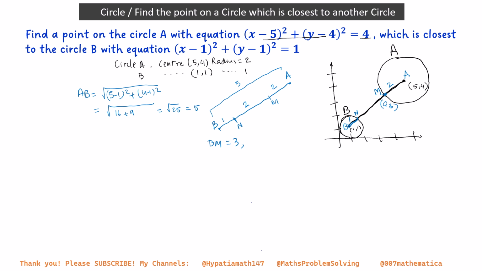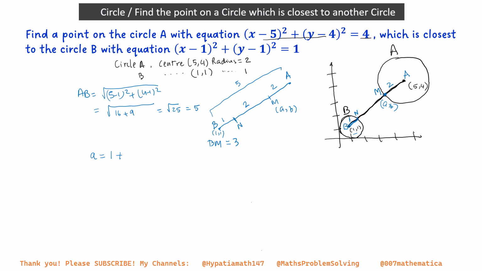And so what we can write is the x coordinate. We have said M is (a, b), so the x coordinate would be, what is the coordinate of B? The coordinate of B is 1, 1. So we'd have 1 plus, from B to M, you have to travel 3/5, isn't it? So this is 3.